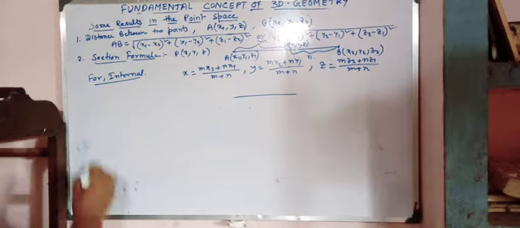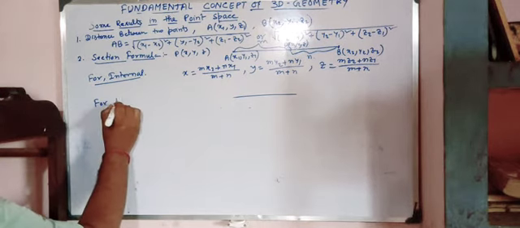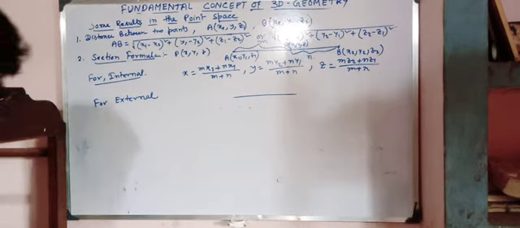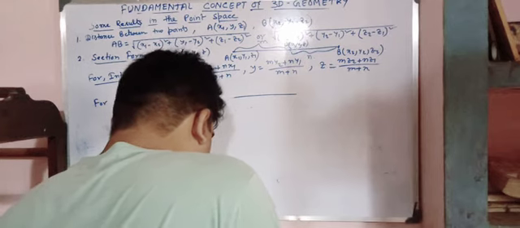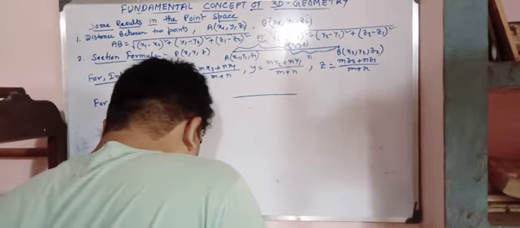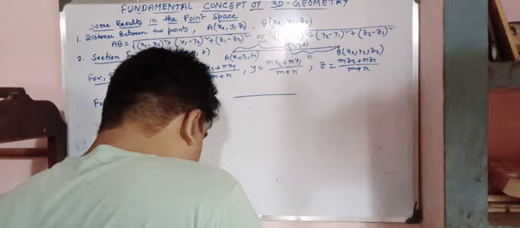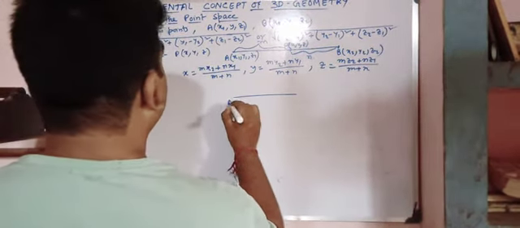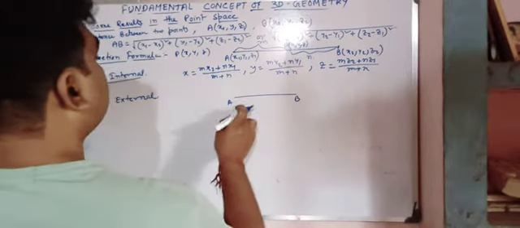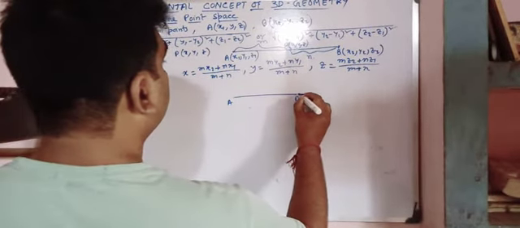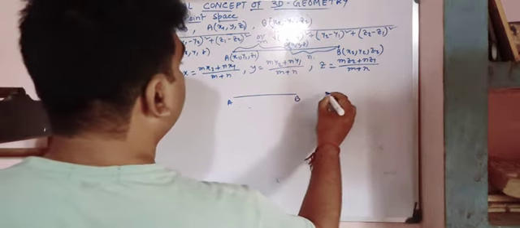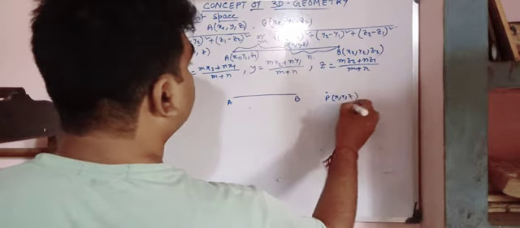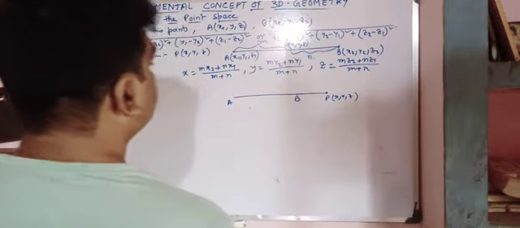Now for external, the coordinates of A and B are the same, and we take a point P(x, y, z).